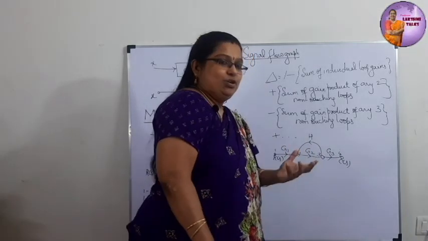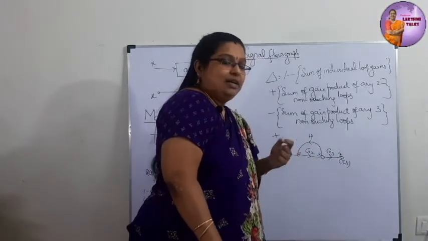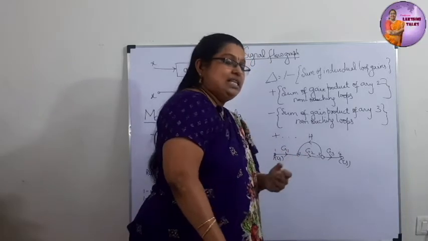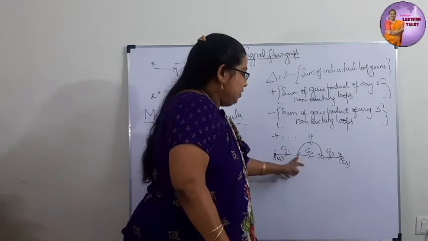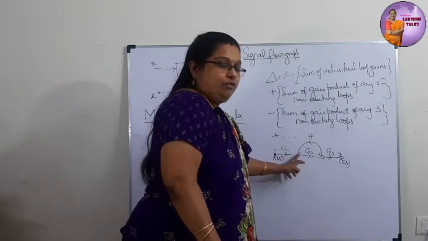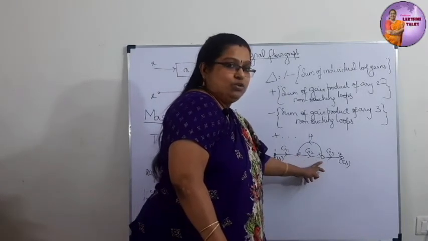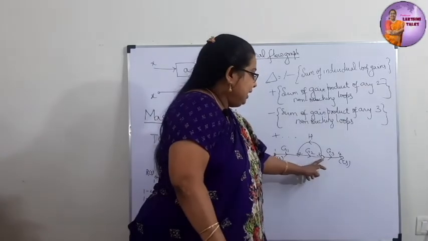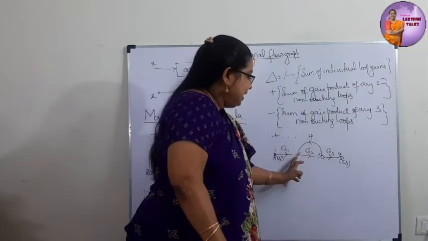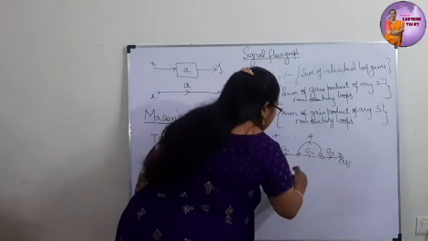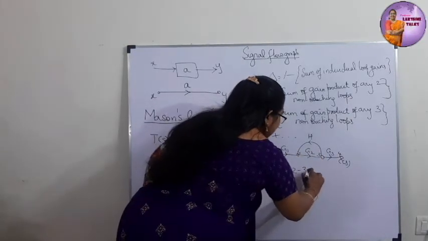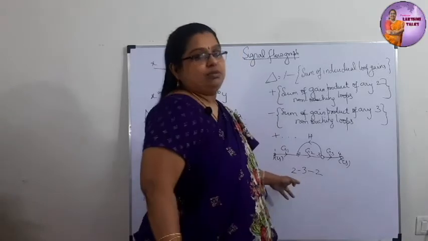Now, what is a loop? A loop starts and ends with the same node, right? So see node 2. From node 2 you have a signal going to node 3, right? And then from 3 again a signal comes back to node 2. So this is a loop. Here we have 2 to 3 and 3 to 2 as a loop.